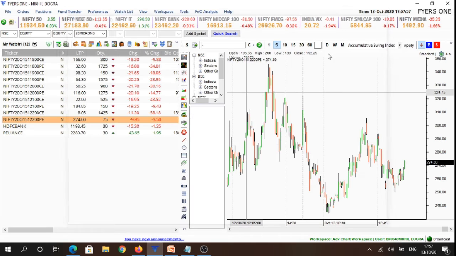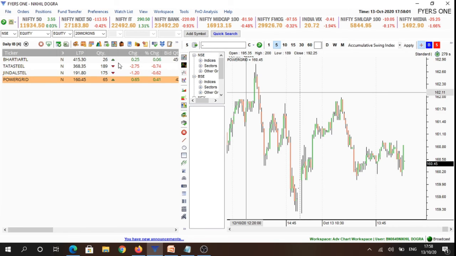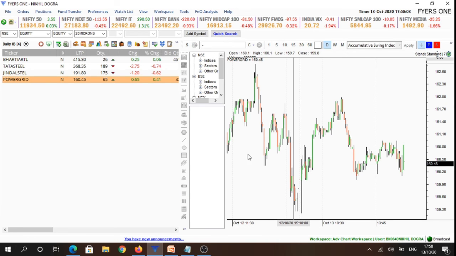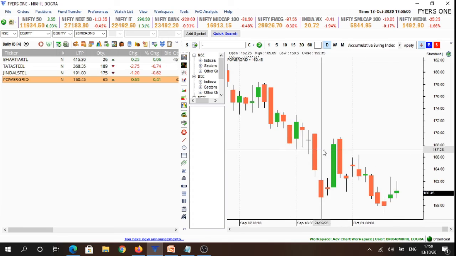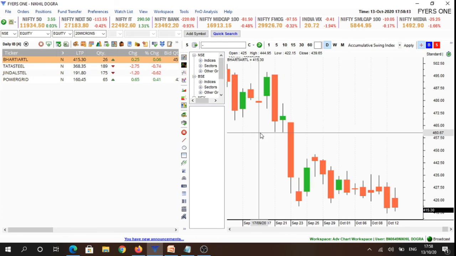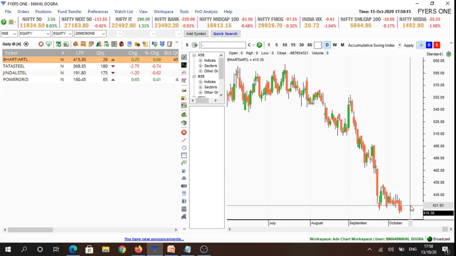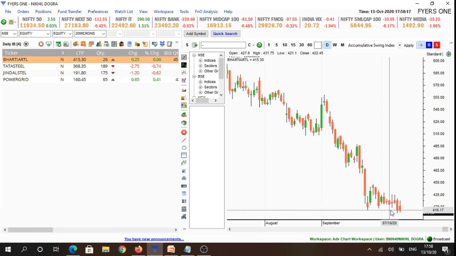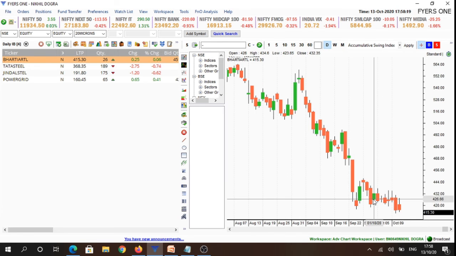Now if we analyze our stock watch list, the stocks that I have chosen are Bharti Airtel, Tata Steel, Jindal Steel and Power Grid. If you see Bharti Airtel, it is an inside candlestick, so we have to be flexible to trade it in both directions.